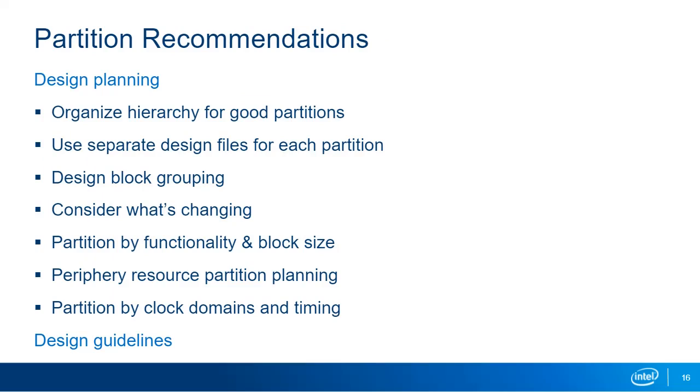As discussed in more detail in other trainings and documentation, there are a number of recommendations for how you plan and create a design to get the most benefit from design partitioning. We'll touch on a few of these recommendations here, starting with the planning of your overall design.